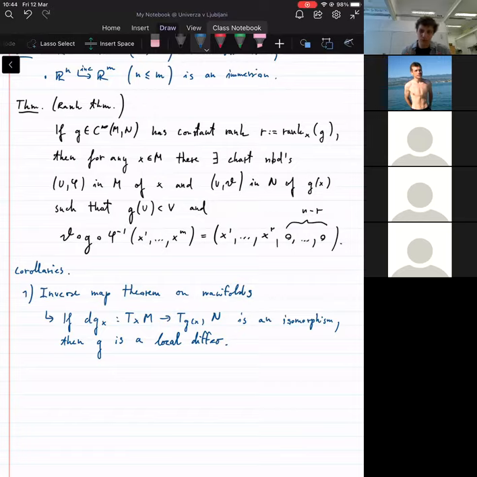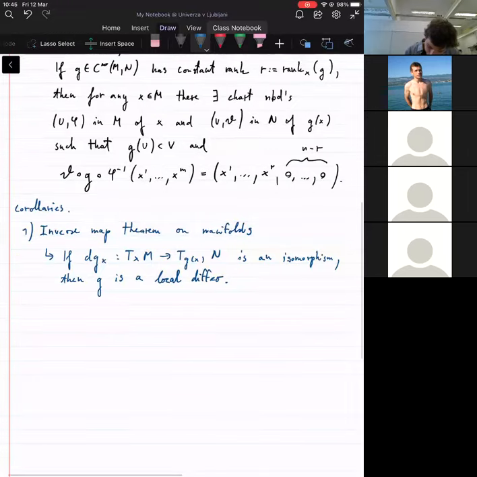On this neighborhood we use the rank theorem, and what we get is that this whole composition that we've written above is an identity map. So locally it looks like an identity map. That's all it says.